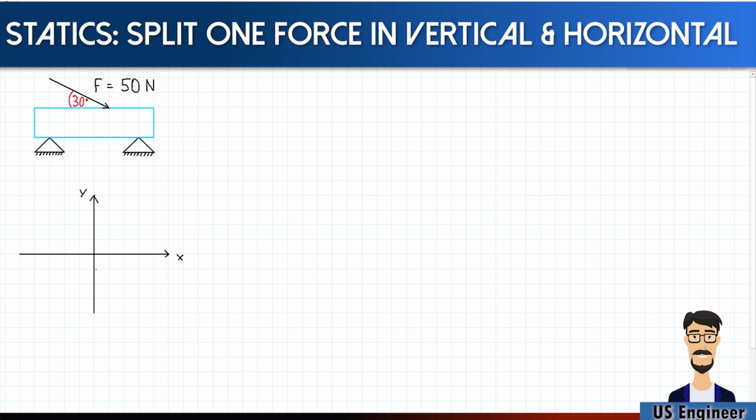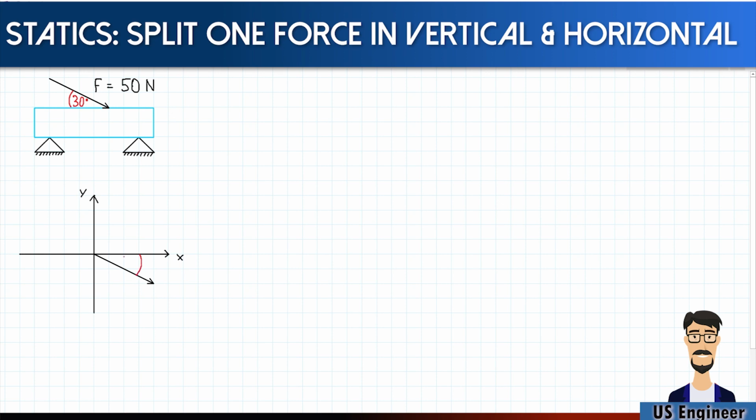So that's going to be here at the bottom right corner. Let me do that. So I'm going to insert the force vector, and remember that the angle between the force and the horizon is 30 degrees.